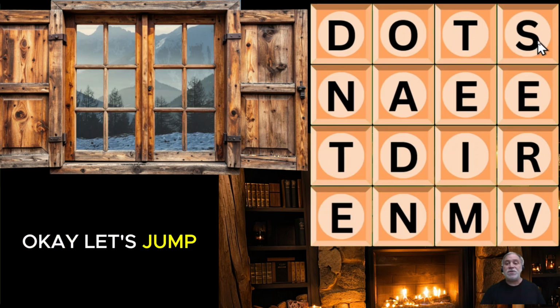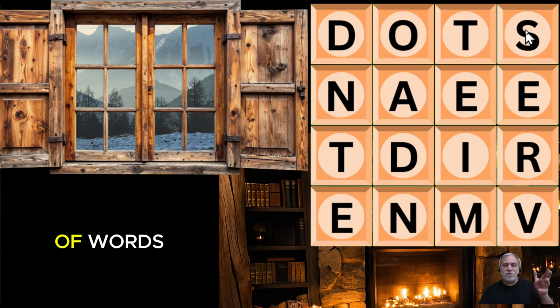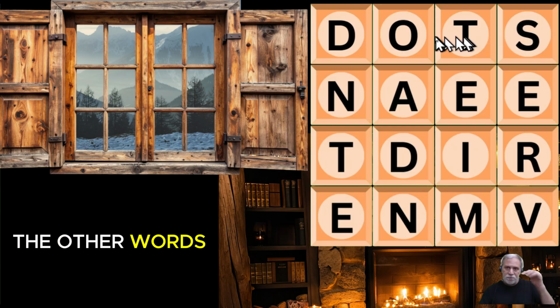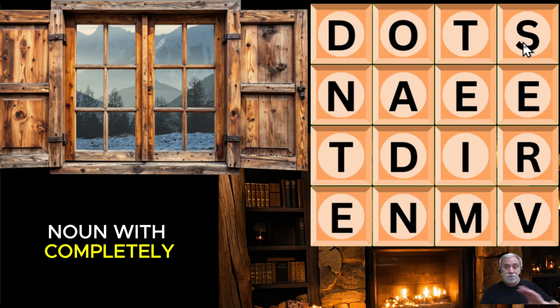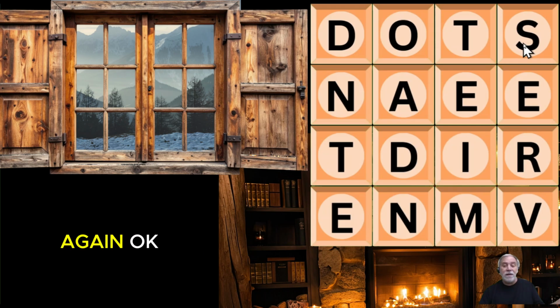Okay, let's jump over to the S. From my list of words, you can see the other words I spelled with O and T and possibly S, but we're going to go with steer, S-T-E-E-R. Okay, it's a verb, it's also a noun with completely different meaning again.